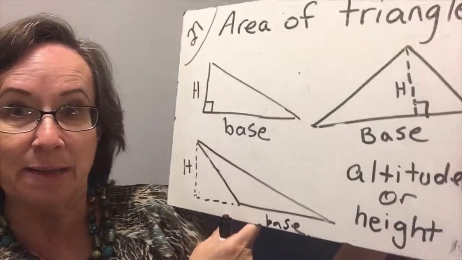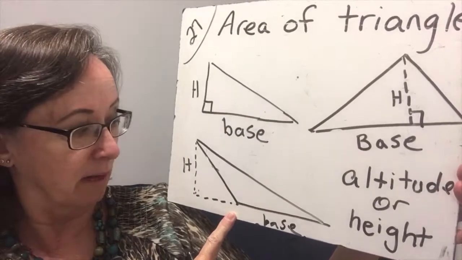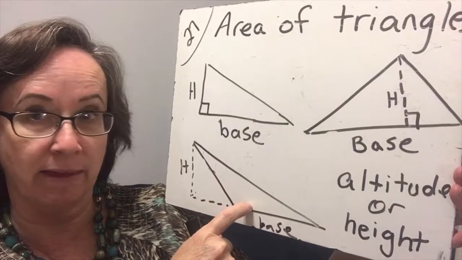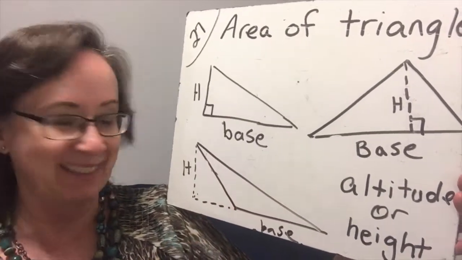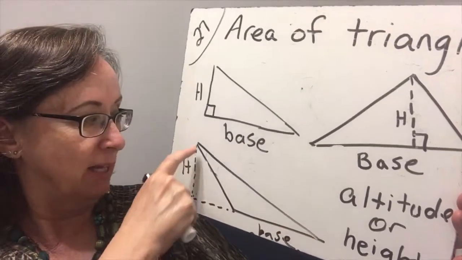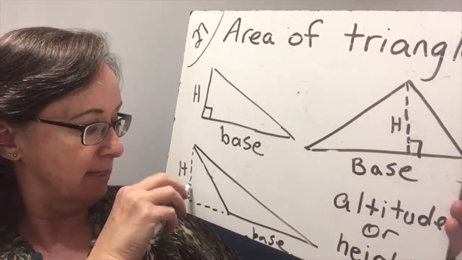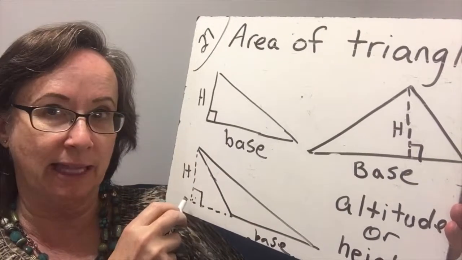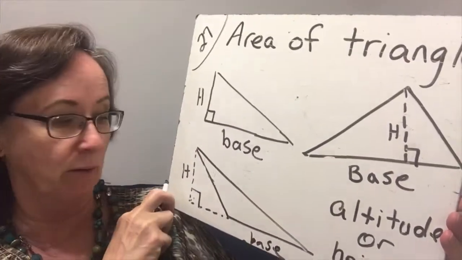And then sometimes we have obtuse triangles, okay? An obtuse triangle doesn't have a right angle, but what we can do is extend our base and then drop a vertical down, so that over here is our right angle, and our height is this vertical distance that is perpendicular to the base.